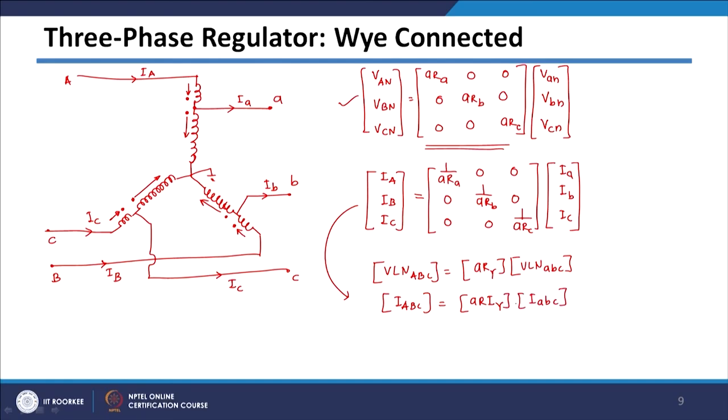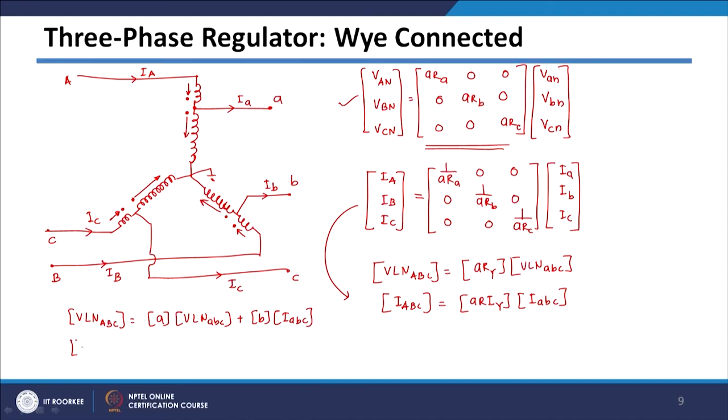And if you compare this equation with the equation which we have seen, we have seen that VLN ABC is equal to your A parameter into VLN small abc plus B parameter into I abc.